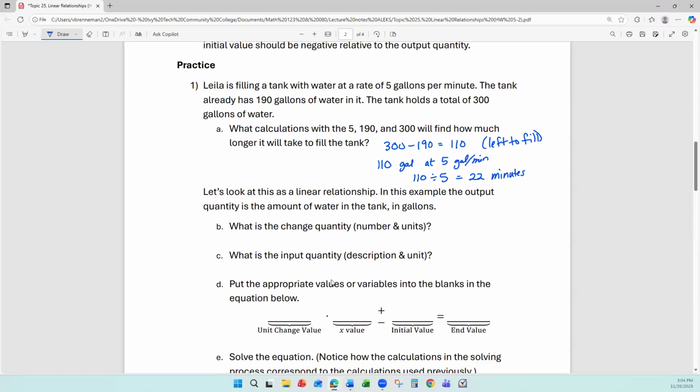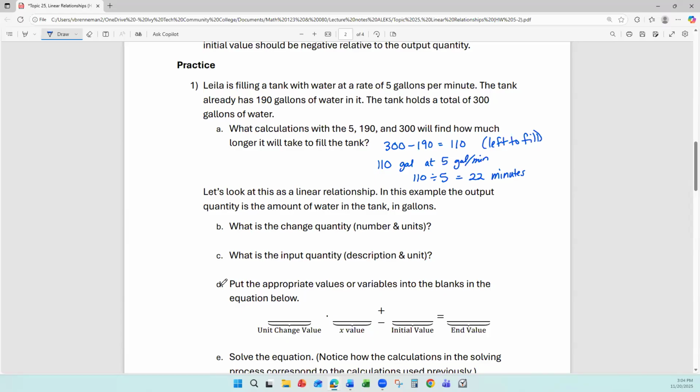Now let's look at setting this up with a linear relationship. If you weren't sure what calculations to do, using a linear equation can help. Or on the other hand, if you know what calculations to do, that can help you come up with a correct linear equation. So it can go either way.